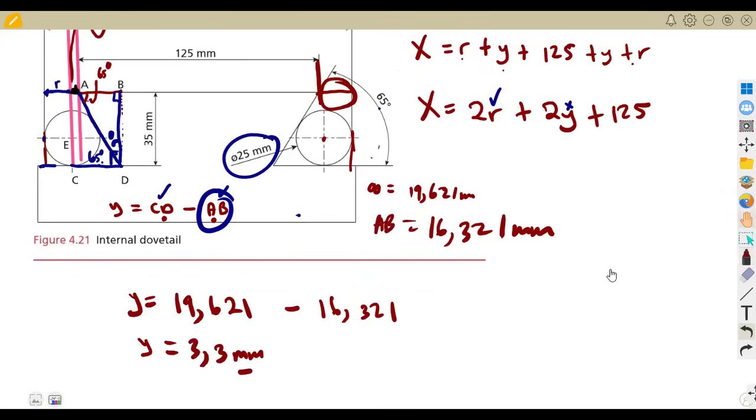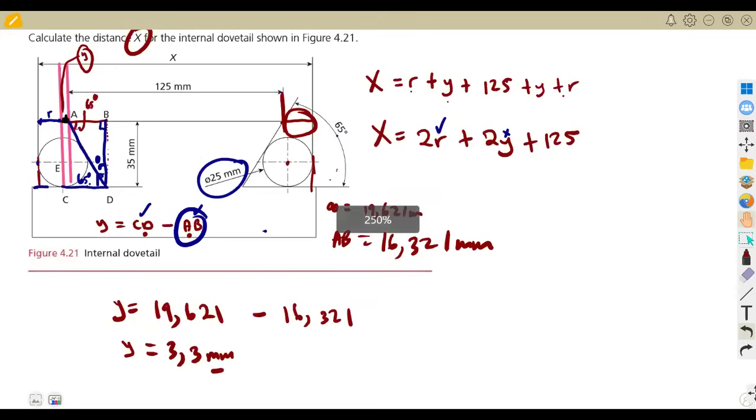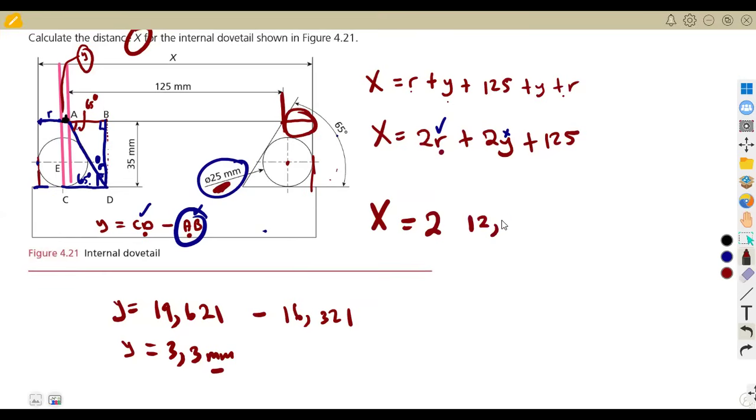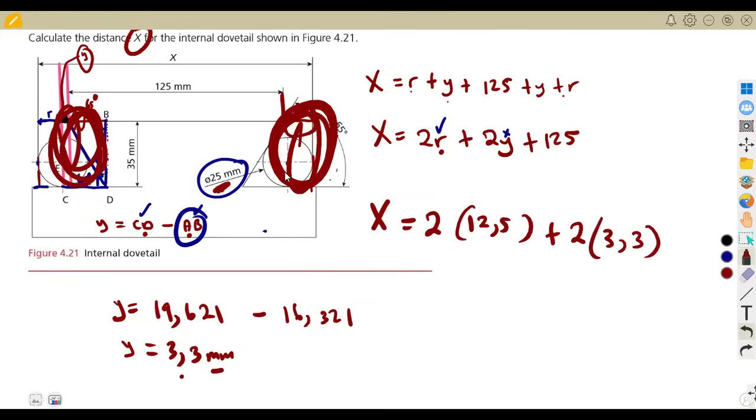So with this, let us take this and conclude. Therefore, our X is equal to 2 times the radius. Remember, our radius, from the diameter we divided and got 12.5. So it's 2 times 12.5 plus 2 times Y. We got Y as 3.3. I hope you are getting the concept of 2, to say this side is identical to this side, so you calculate one side only.